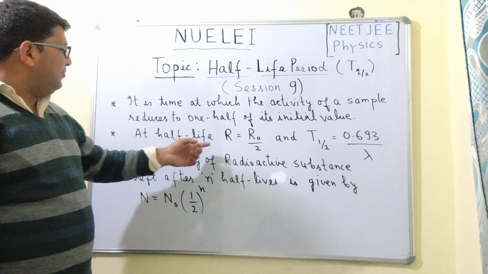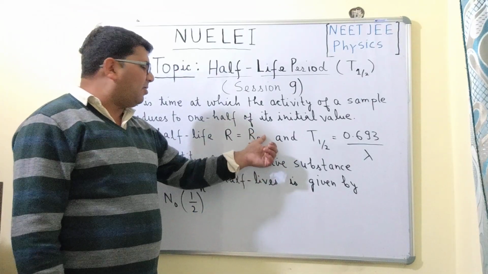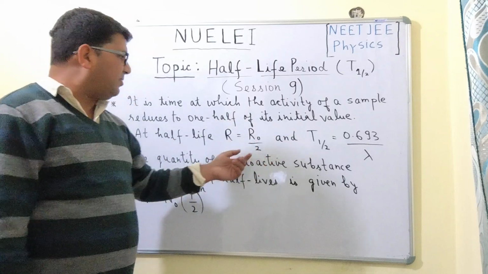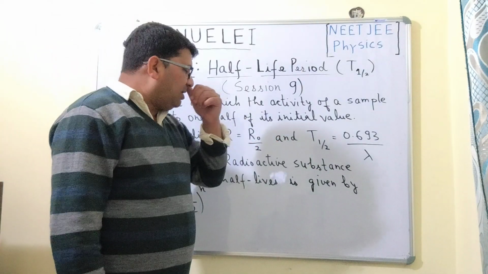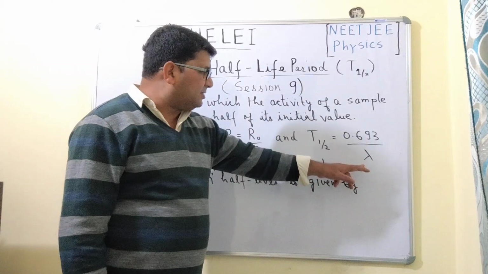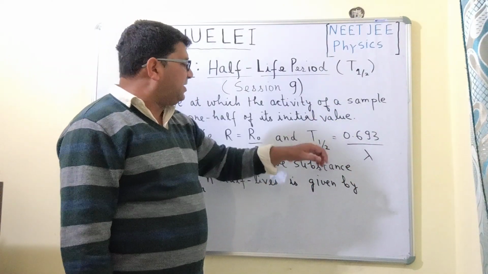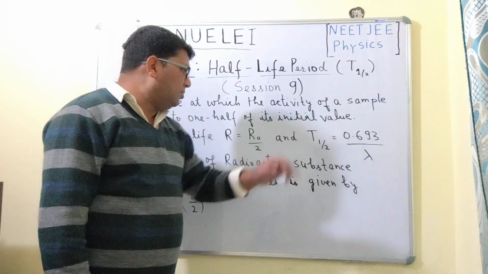So at the half-life, the activity is equal to R0 by 2, where R0 is the initial activity, and the half-life is also equal to 0.693 divided by lambda, where lambda is the decay constant, and half-life is represented by T1 by 2.